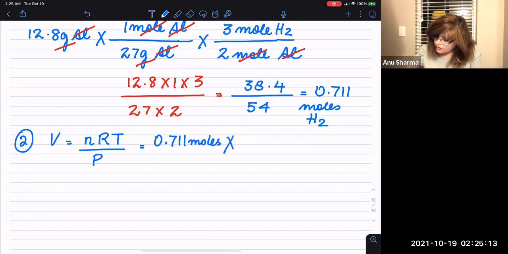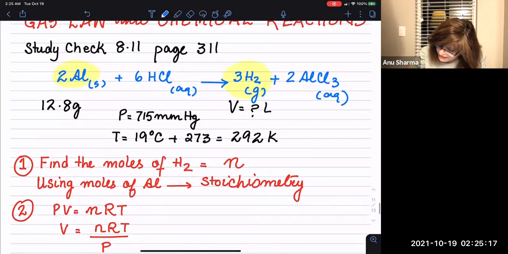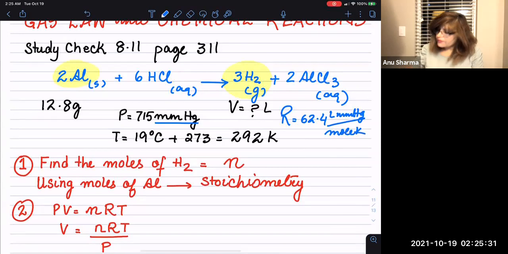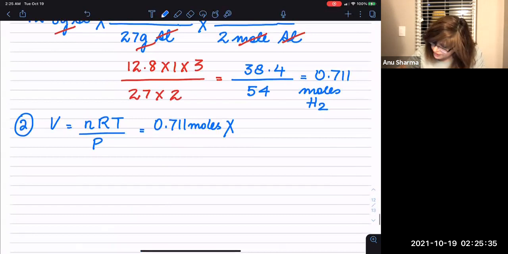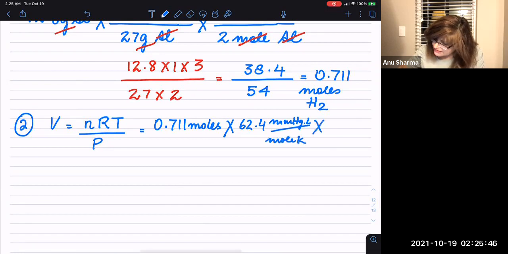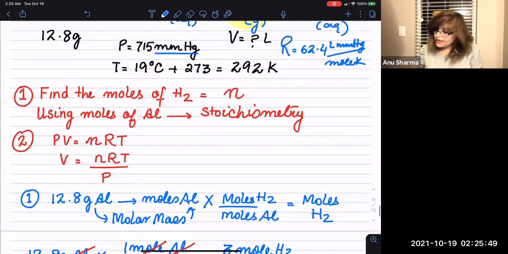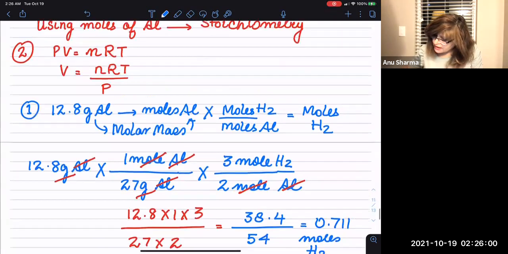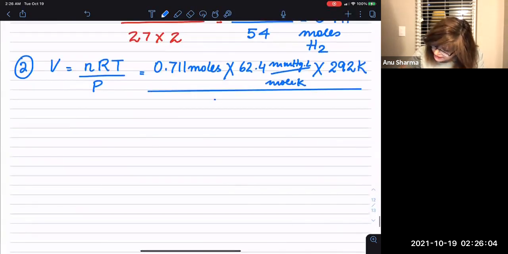Okay, now R, because the pressure given is in millimeters of mercury, therefore the value of R is equal to 62.4 millimeters of mercury times L per mole K. Okay, so this is the value we will use, times T. Temperature is 292 K, over the pressure, and the pressure given was 715 millimeters of mercury.